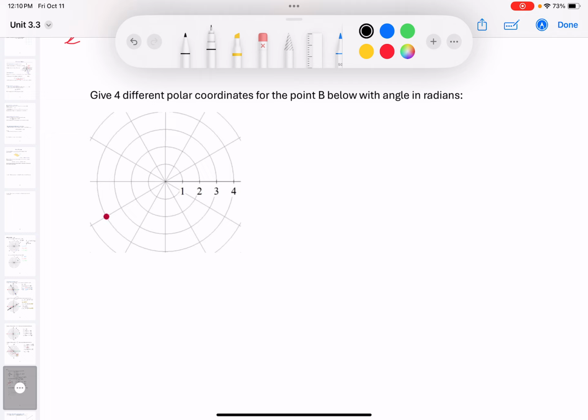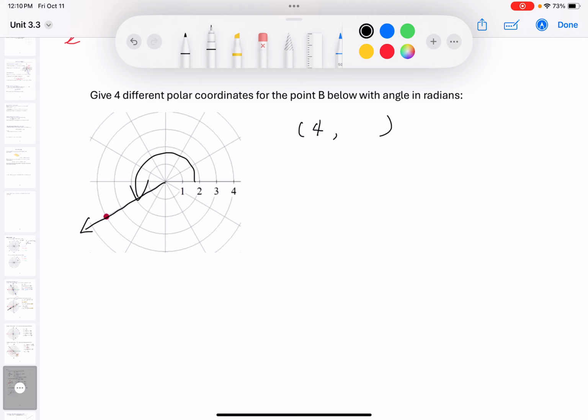Can you describe this red point by polar coordinates? Yes, we can do that. This is the terminal side. What is the angle? I can find r: 1, 2, 3, 4. Yes, r is 4.